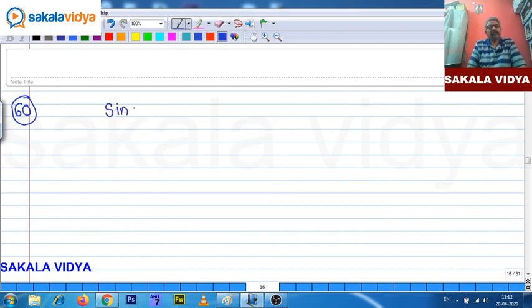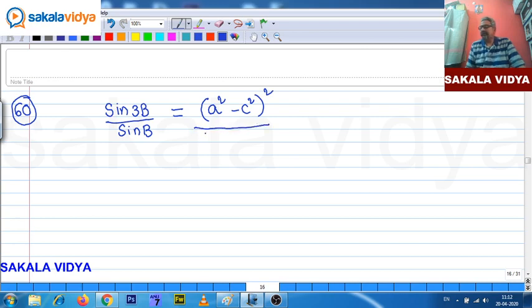Sin 3b by sin b equals to a square minus c square whole square upon... okay, I repeat the question.